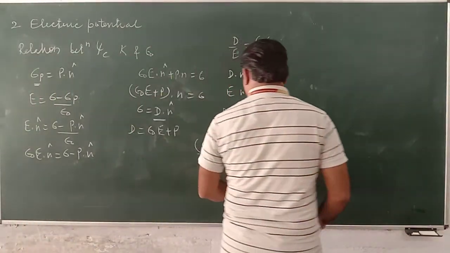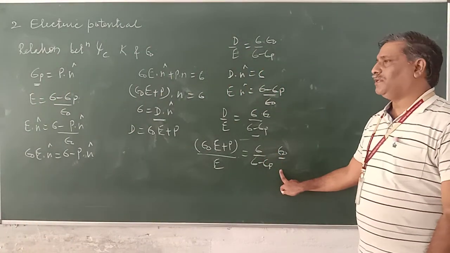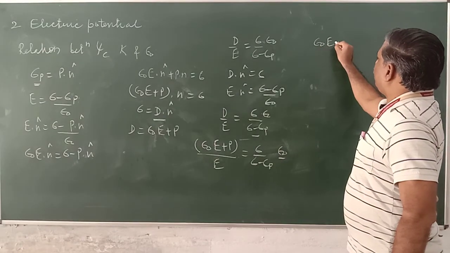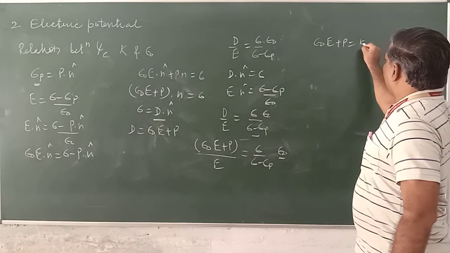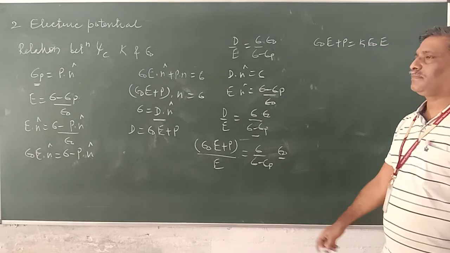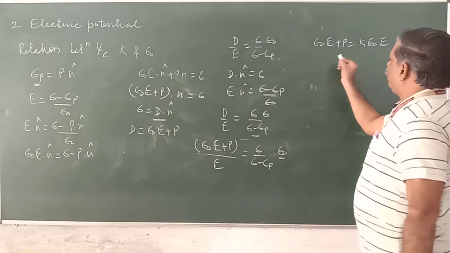This is coming as K epsilon 0. So epsilon 0 E plus P is equal to K epsilon 0 E.